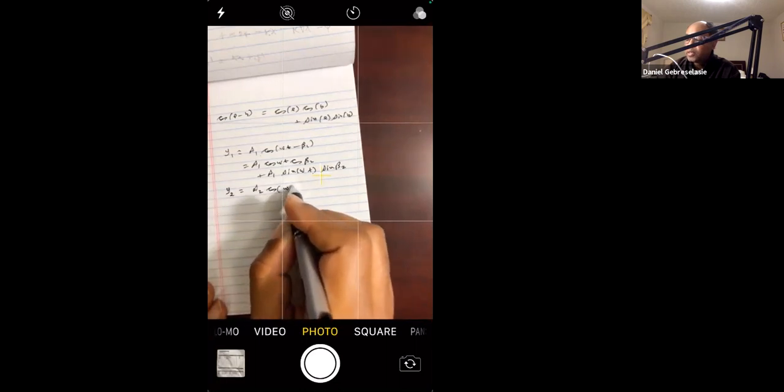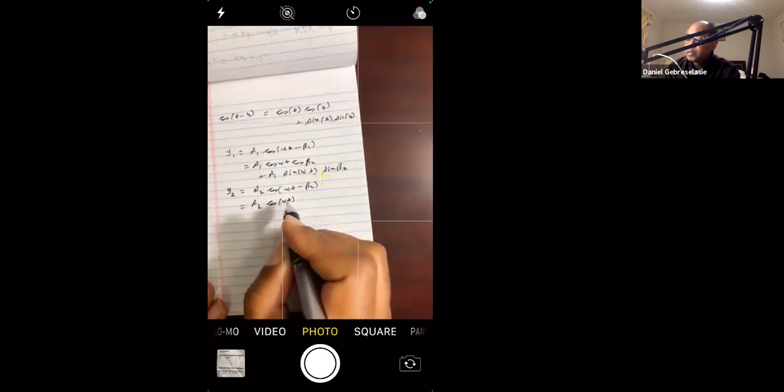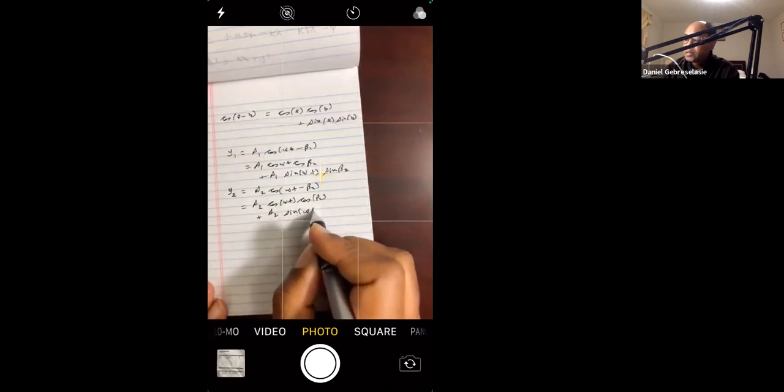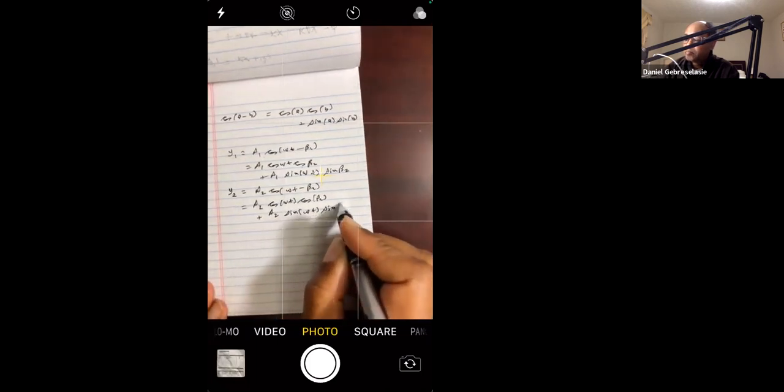And then I'm going to do the same thing for the second one. The second one is a2 cosine of omega t minus beta 2, right? So we get a2 cosine of omega t cosine of beta 2, and then plus a2 sine of omega t sine beta 2, all right?